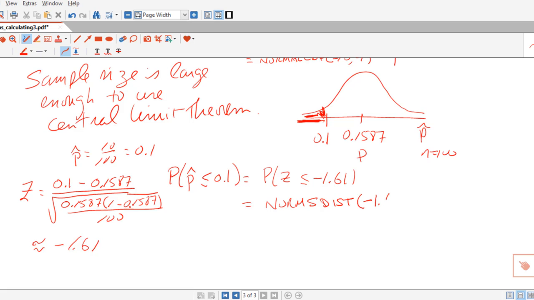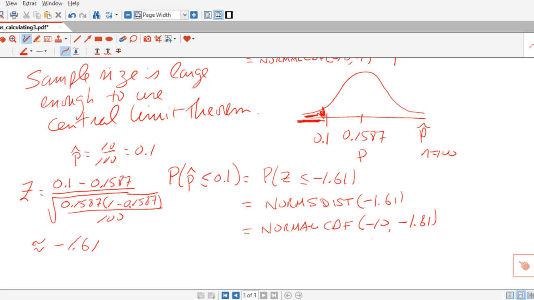And again, if I go to Excel, then I can type in norm.s.dist. If I go to something like a TI-83, 84, I believe now the command is normal CDF. The reality is I want -1.61 or less, going out to infinity.